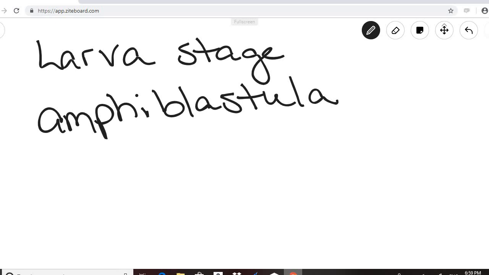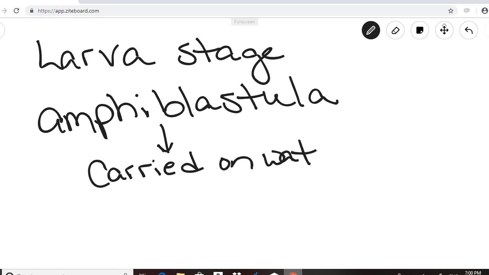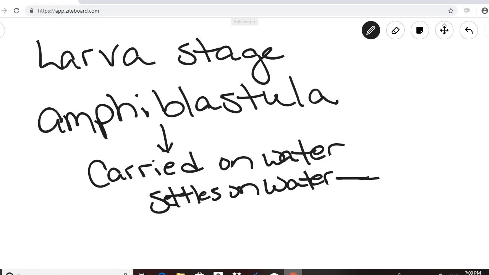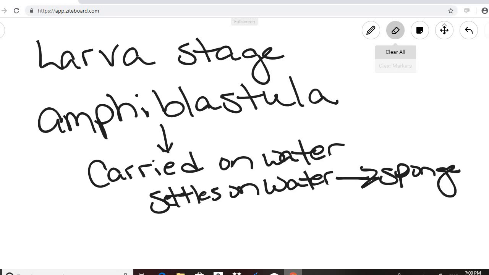The amphiblastula gets carried in the water, and then it settles on the bottom and grows into a sponge. So the larval phase that comes about as a result of sexual reproduction is called an amphiblastula.